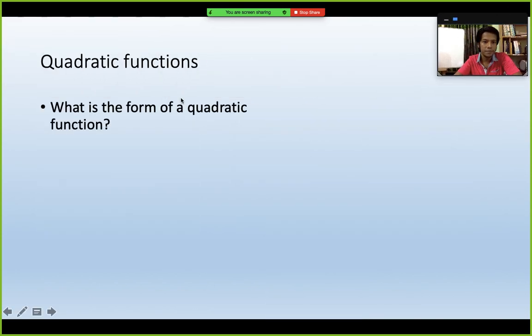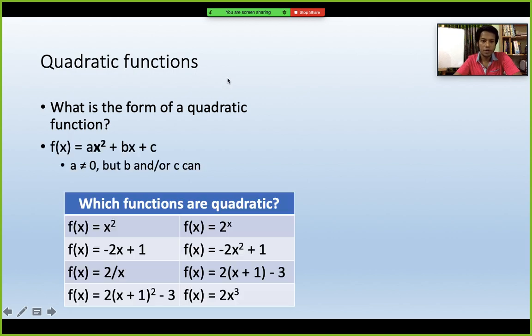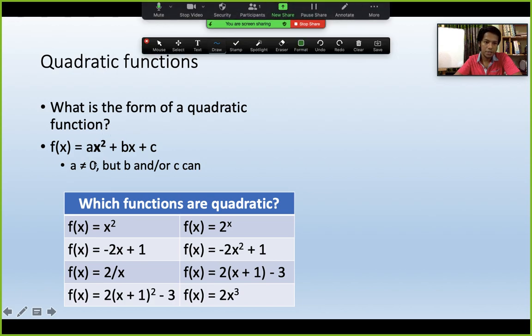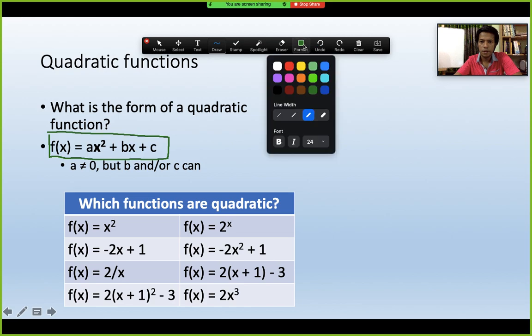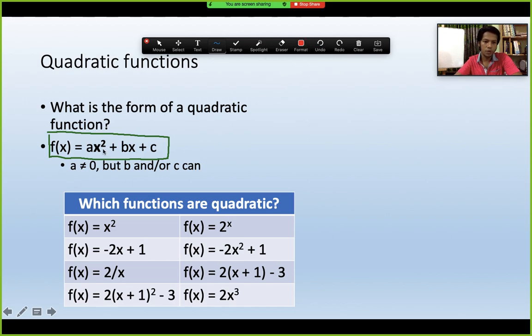So what is the form of a quadratic function? You will see that the main form of the quadratic function is this: ax squared plus bx plus c. This is the format of a quadratic function.